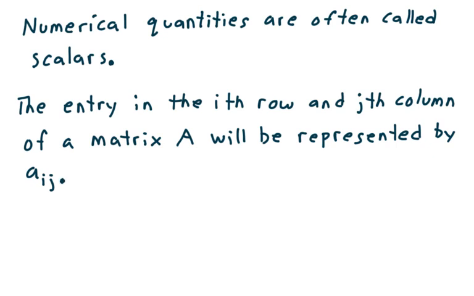So again, i is the row that the entry belongs to, and j is the column that that entry belongs to. So it's in the ith row, jth column of the matrix.